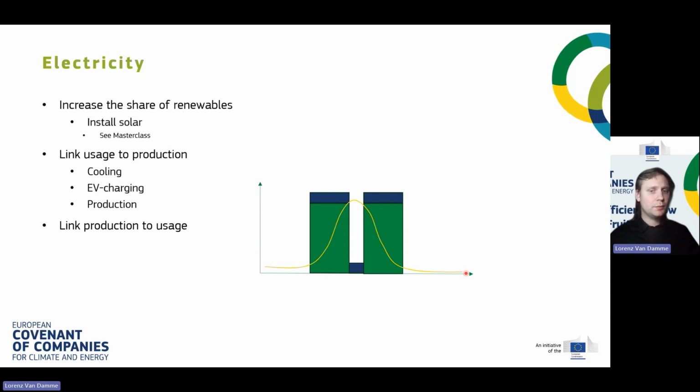This is a more typical profile for south-oriented PV panels, which in general, for total production, are still the most efficient. So that's why we have taken them in this example. And in this example, we have two green bars, which are our production times.